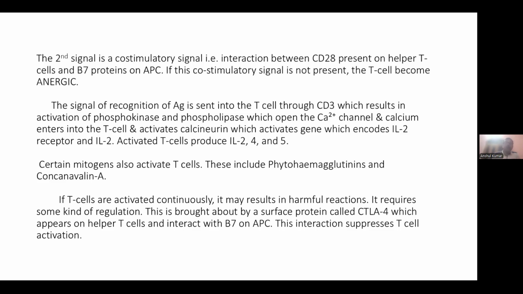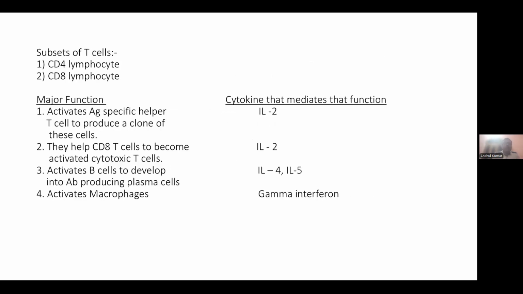This regulation is brought about by a surface protein called CTLA4, which appears on helper T cells and interacts with B7 on antigen presenting cells. This interaction suppresses T cell activation, so it acts as a regulatory mechanism.